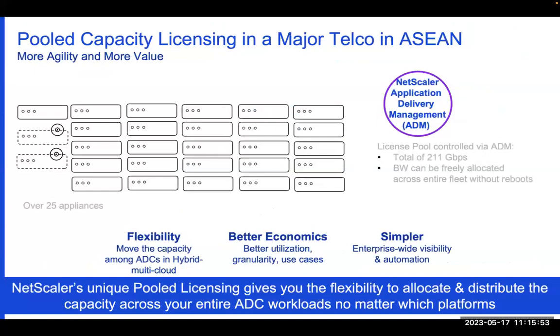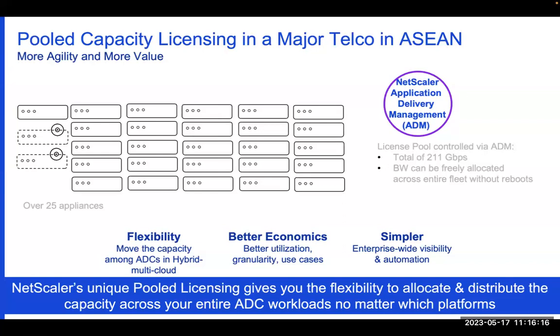Okay, and I can't reference the name here, but of course, we do have a lot of customers on pool capacity reaping the benefits, and we even have telcos. We have a large telco here in the ASEAN region as well. They have over 200 Gbps of capacity, deployed across more than 25 appliances, and all of these are in the pool.